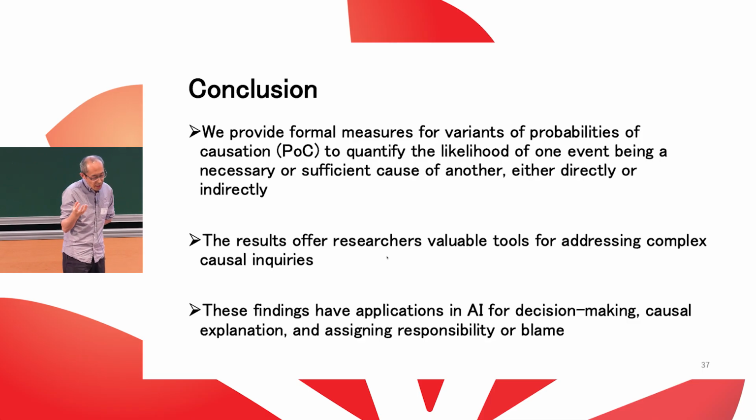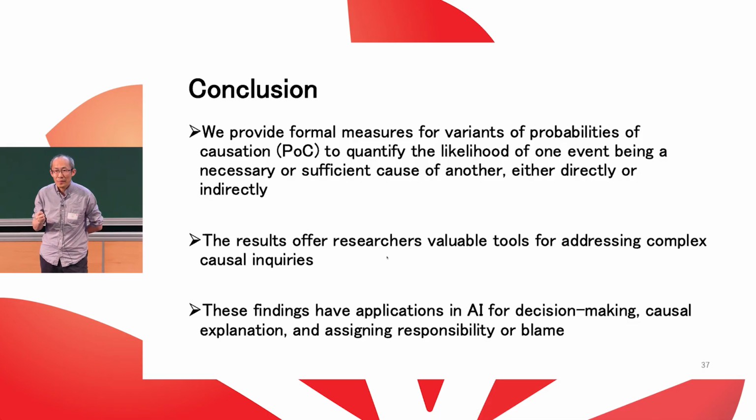So those are some of the causal questions we often need to ask in practice. So here we provide a formal mathematical definition in order to capture those kinds of human concepts. And we also provide the estimation method and identification assumptions such that we may be able to estimate them from observational data. So we believe these results offer valuable tools for addressing complex causal queries in practice.